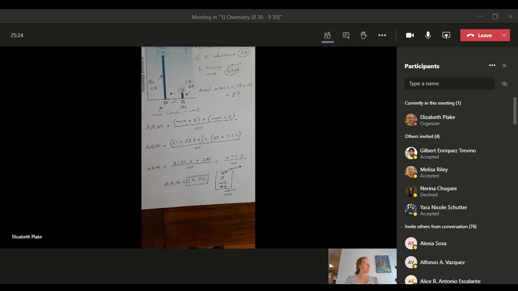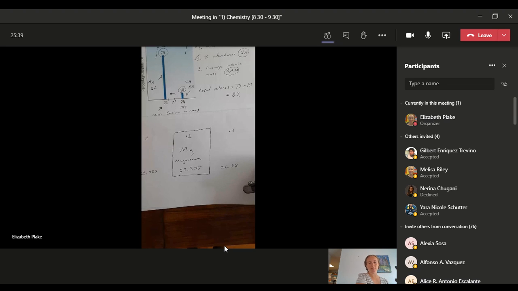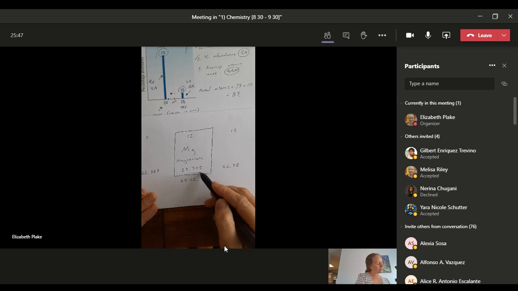All right, guys. So the number we were looking for was 24.112. When you look at your periodic table, there's a few numbers that are close. But you should have found this element, magnesium. It doesn't completely match the atomic mass for magnesium, but it's really, really close.